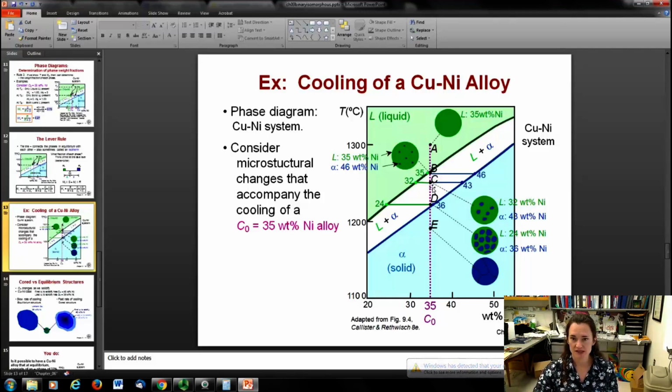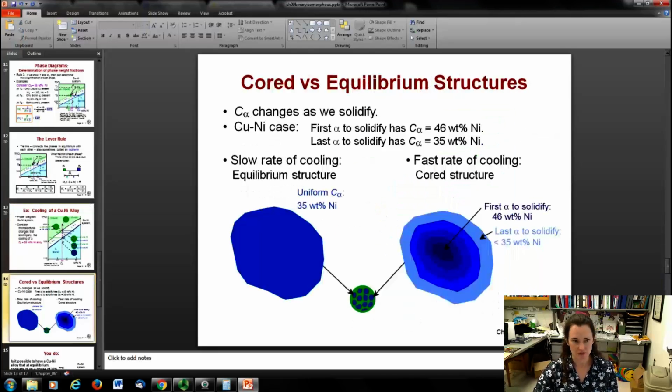Now let's say that I drop down a little further. If I look at what my tie line looks like here, I've cooled down more. Now if I construct my tie line, my liquid phase is 32% nickel and my solid phase is 43% nickel. And as I go further and further down, I see the weight percentage of the nickel drop until when I reach the solid region, it's 35% again. All right, now what does that mean really?